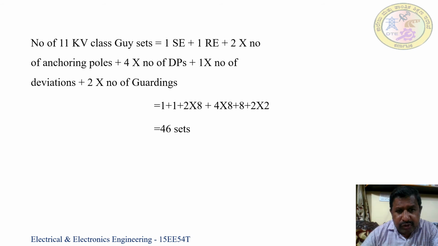So that is equal to 1 at sending end plus 1 at receiving end plus 2 into number of anchoring poles plus 4 into number of DPs plus 1 into number of deviations plus 2 into number of guardings. That is 1 plus 1 plus 2 into 8 plus 4 into 8 plus 8 plus 2 into 2. Totally 46 sets are required.